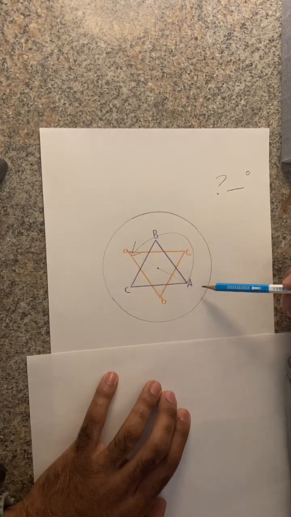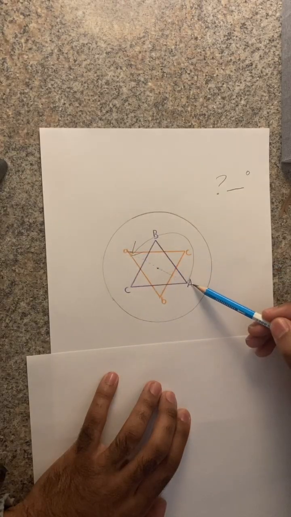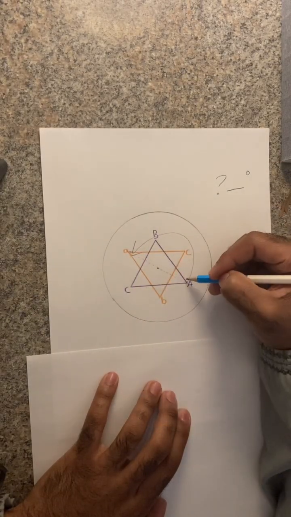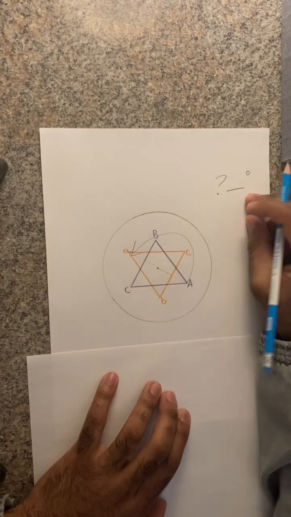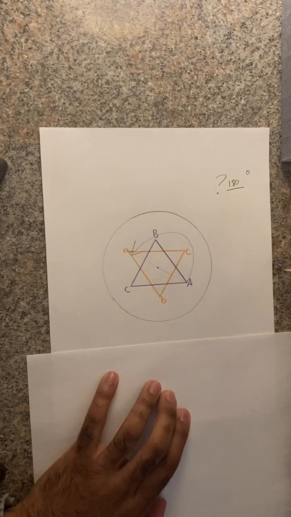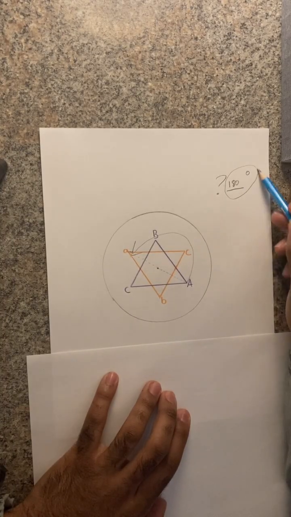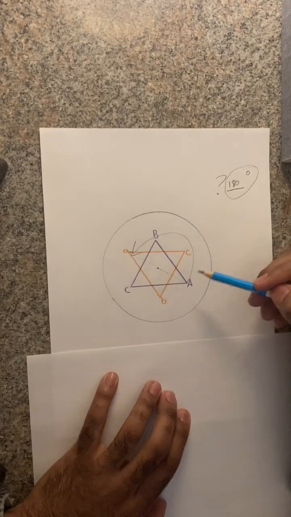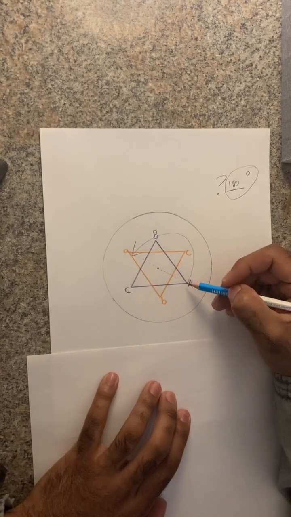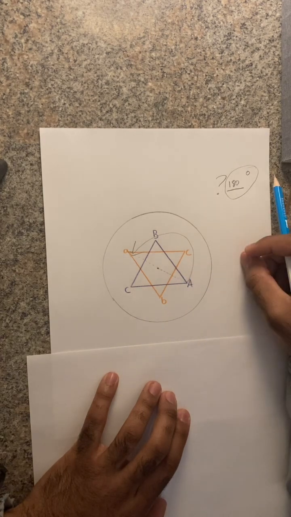Half a rotation with respect to the delta as we see. And if one full rotation would be 360 degrees, half of that rotation is going to be 180 degrees. So the angular displacement of this transformer is 180 degrees.